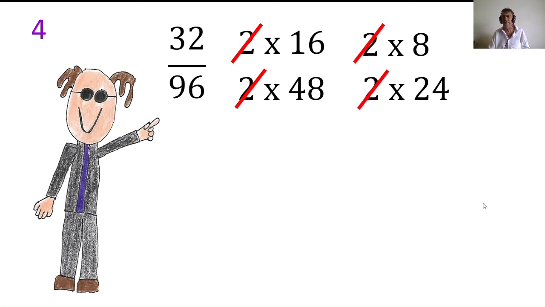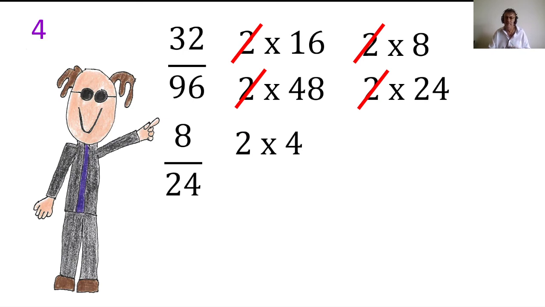So we've now reduced the 32 over 96 to 16 over 48, now 8 over 24, but it can go lower. So what we need to do is factor 8 24ths. Factor 8, divide by 2 equals 2 times 4.